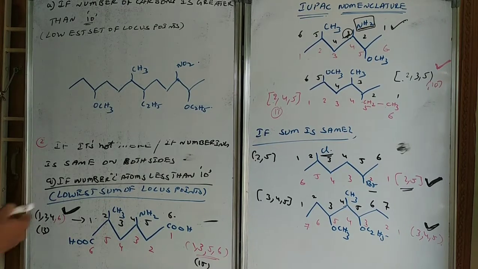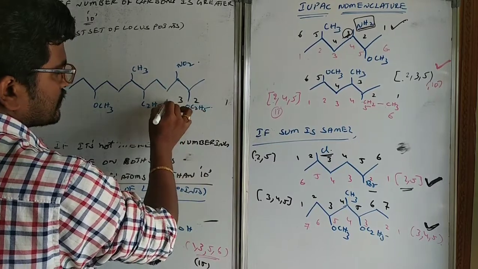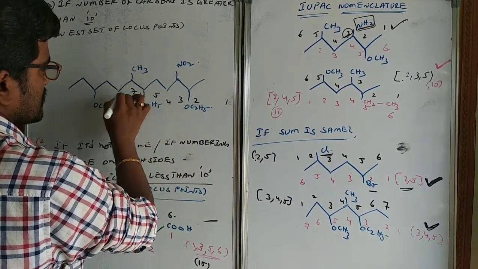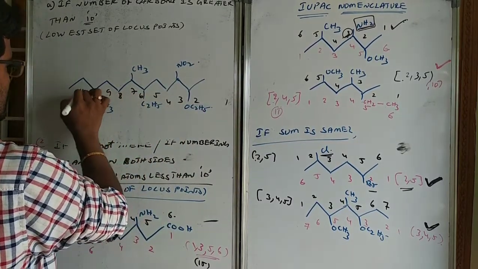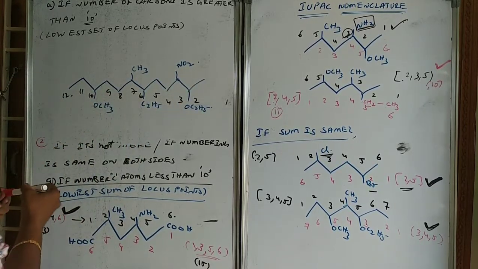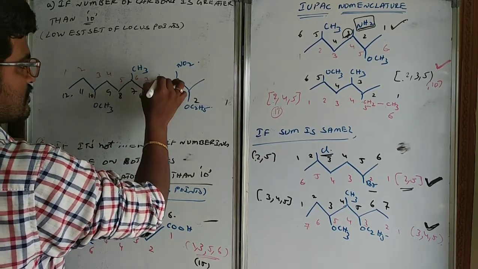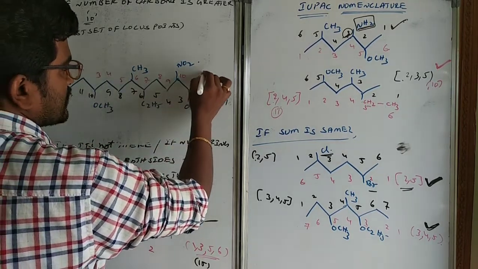For this compound, if you number from this side, you can number 1, 2, 3, 4, 5, 6, 7, 8, 9, 10, 11, 12. From the other side, you number and it will come as 1, 2, 3, 4, 5, 6, and 8, 9, 10, 11, 12.